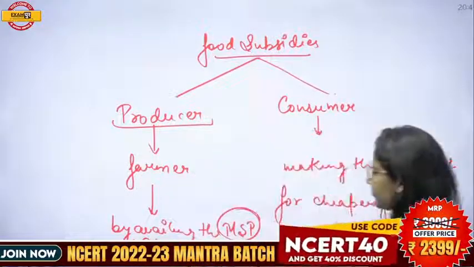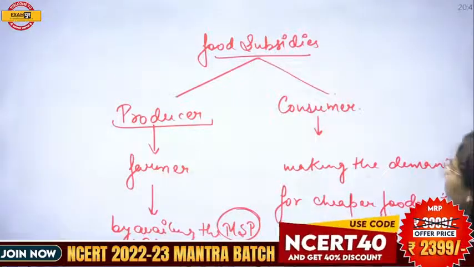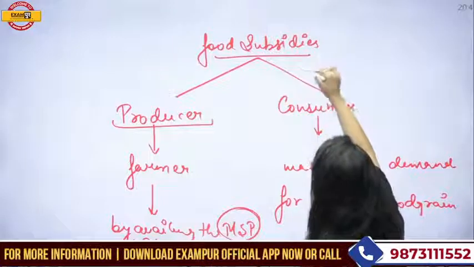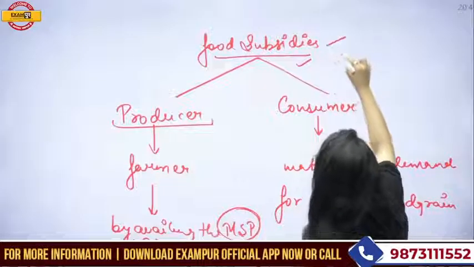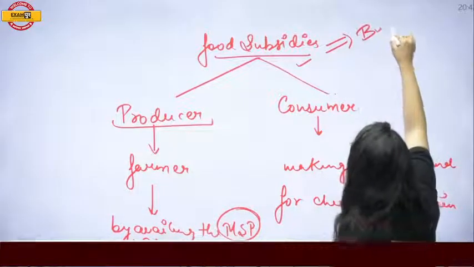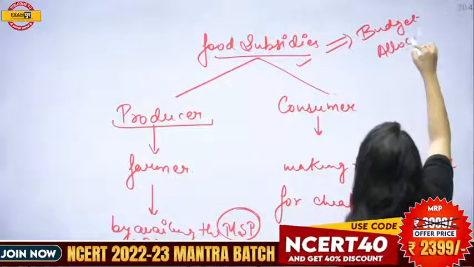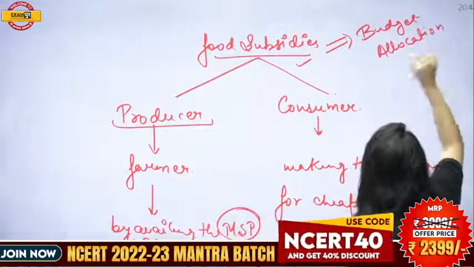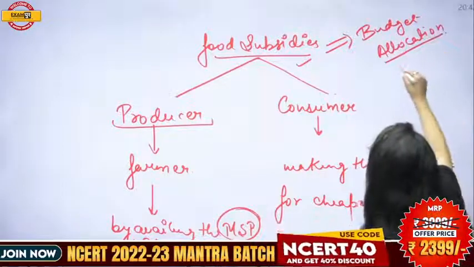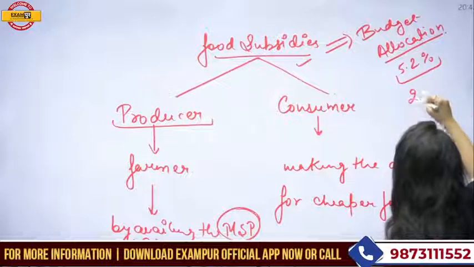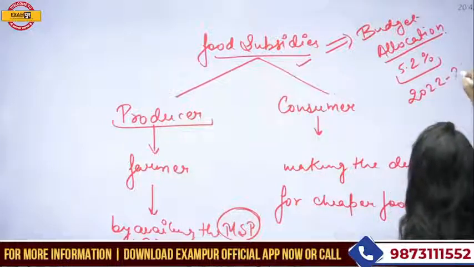Okay, clear this much? Both these parts are involved under the food subsidy criteria. What is the budget allocation? Allocation of food subsidies is 5.2% as per 2022-23.